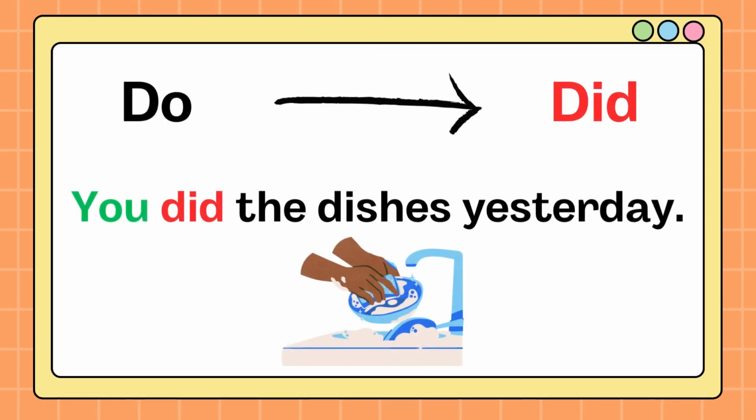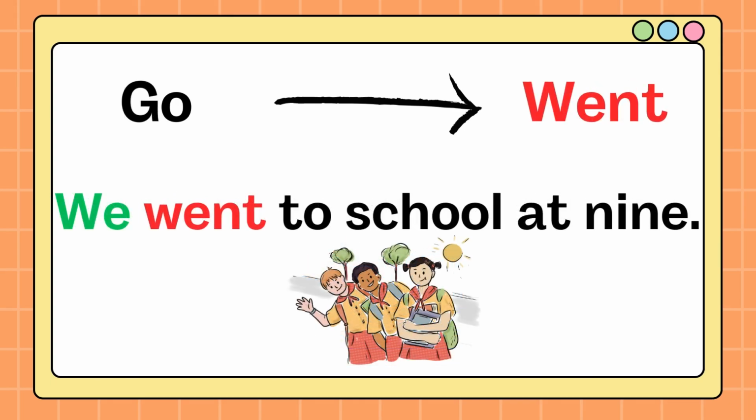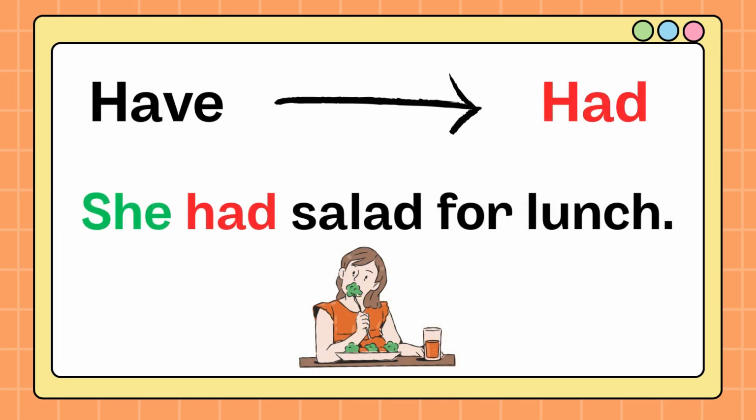In the past, do becomes did. You did the dishes yesterday. Go becomes went. We went to school at 9. Have becomes had.